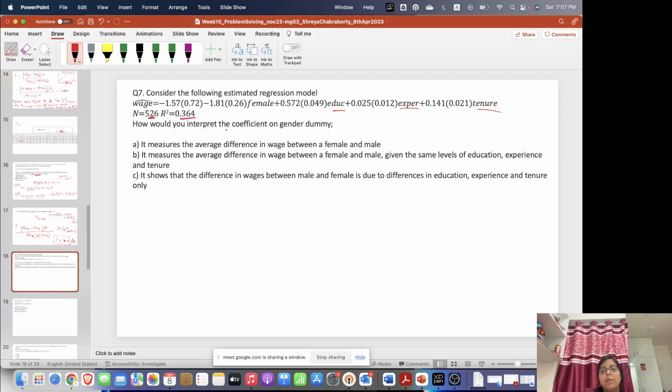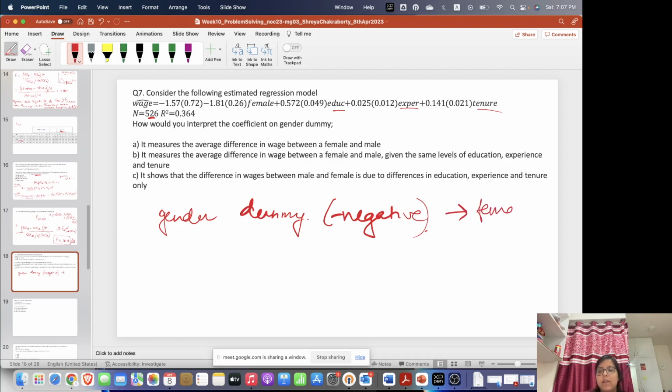So how would you interpret the coefficient on the gender dummy? The first thing that we should see is that the gender dummy is negative, and the term female is only represented over here. So the reference category is male.